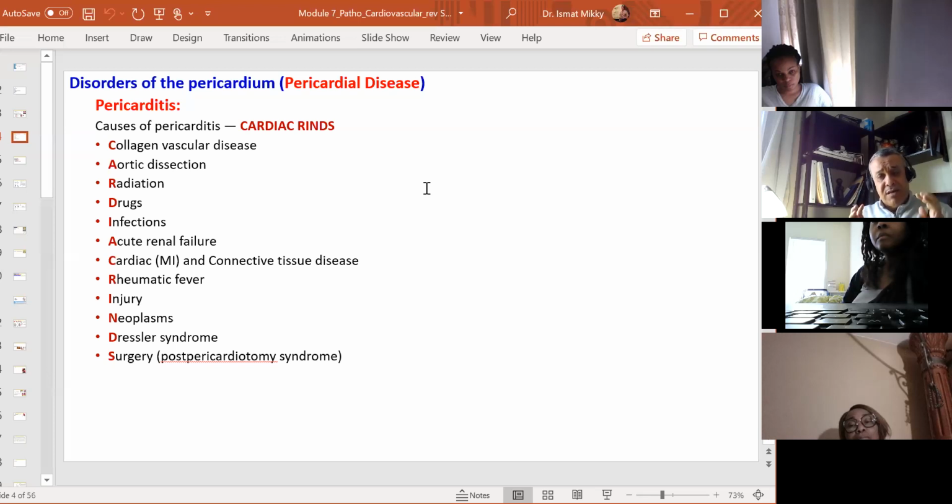So remember that cardiac tamponade is the fluid around the heart that increases the intrapericardial pressure, compromises the ventricular filling, and eventually decreases the cardiac output. That is the description and the disease process of cardiac tamponade or pericardial effusion.